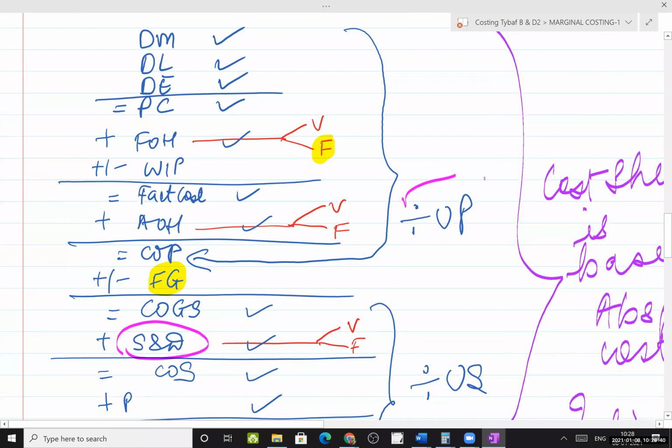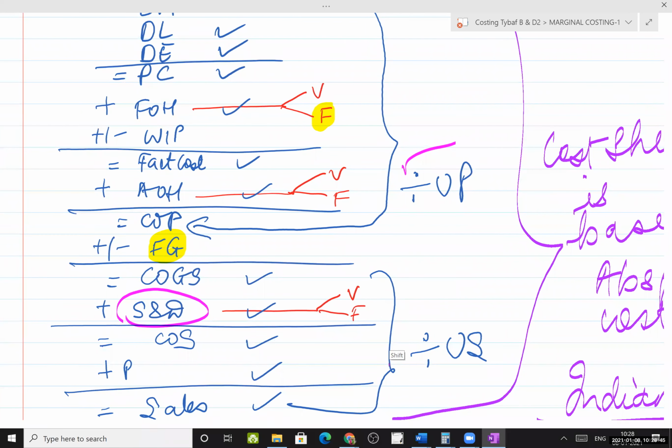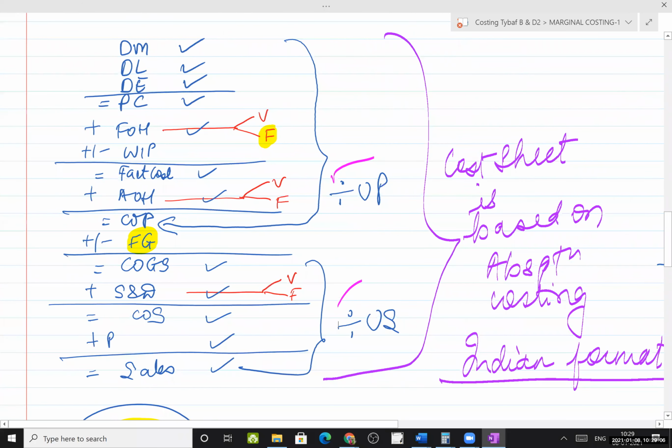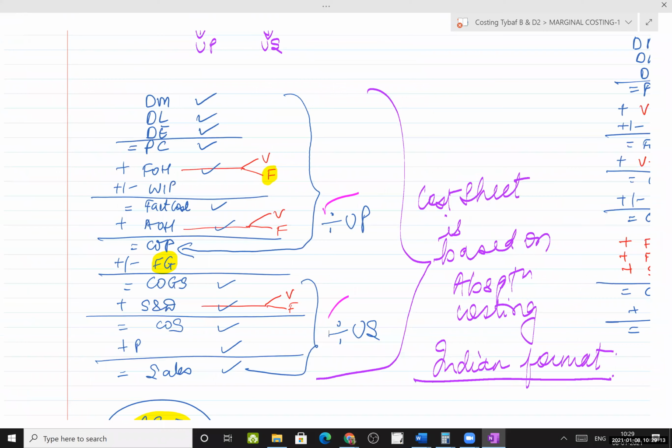Units produced. And from COGS up to sales, what is our basis? Units sold. Okay. Fine. So this is cost sheet based on absorption costing, which is the Indian format.